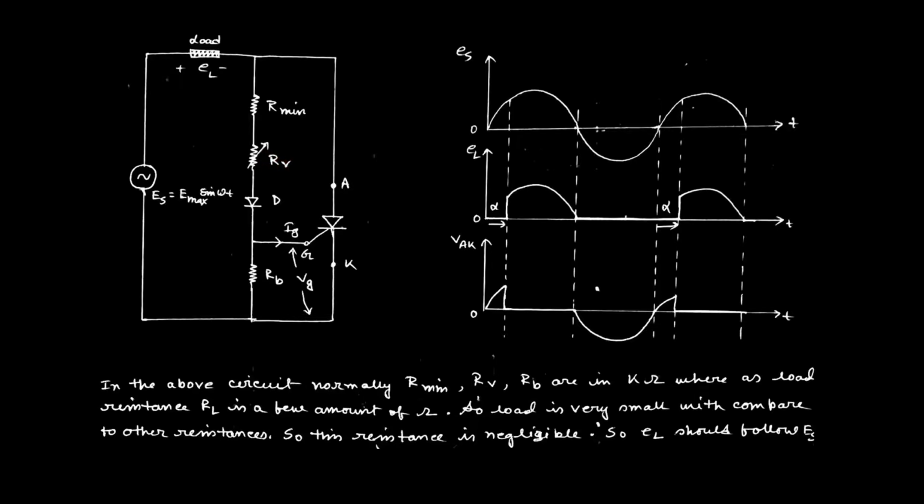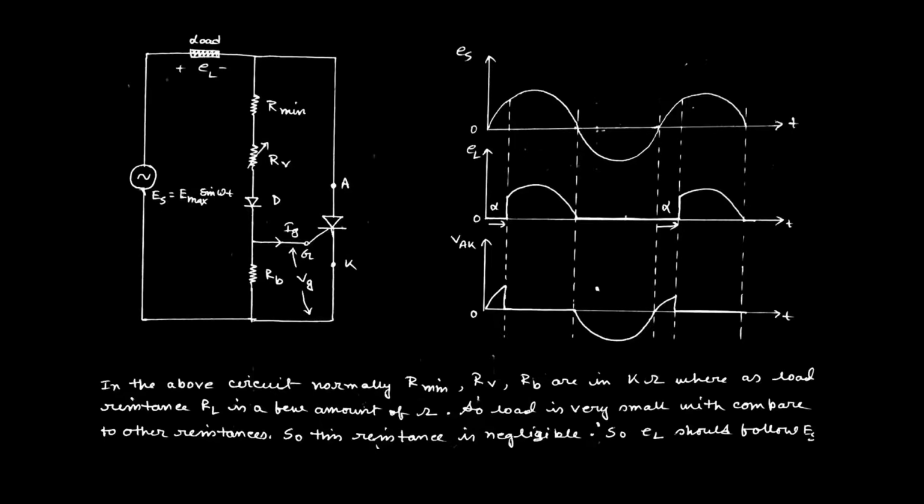Rv is a variable resistance normally used for controlling the shape of the output voltage. Rb is termed the stabilizing resistance, normally used to protect against over voltage from the supply, and it is connected in parallel with respect to the gate to cathode terminal to limit the gate voltage up to a certain value defined by Vg.